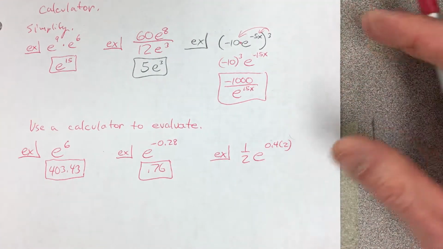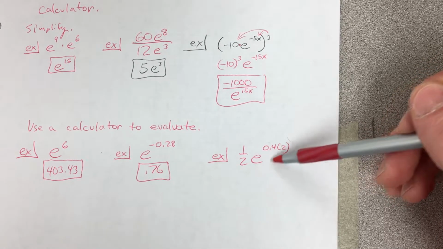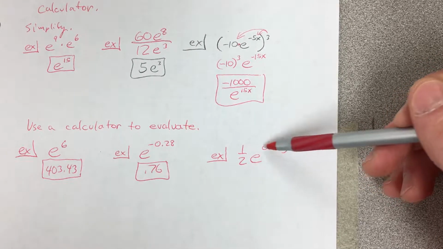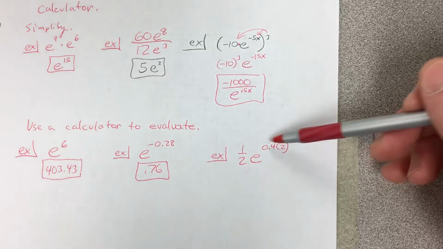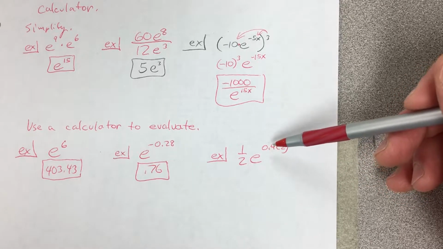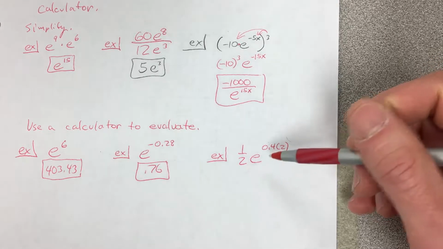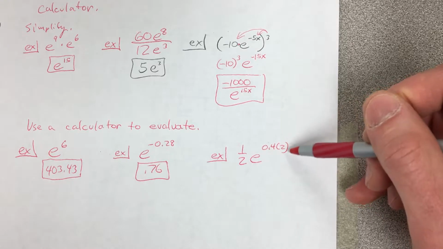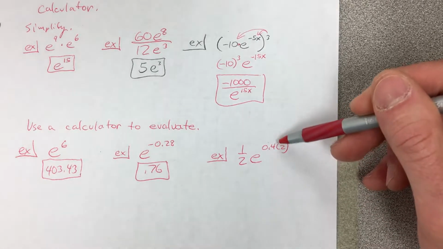But to evaluate this, let me give you some pointers. A common mistake is people do e to the 0.4 and then do times 2, and it calculates the e to the 0.4 and then multiplies your answer by 2. So to avoid that, you could add some extra parentheses in there, or just evaluate the exponent mentally first.